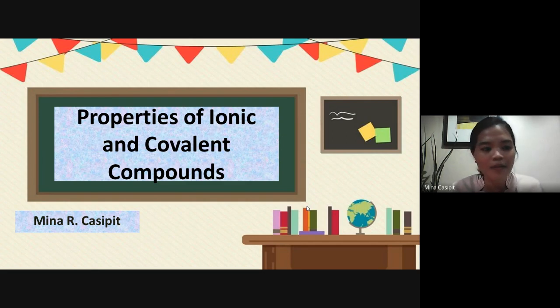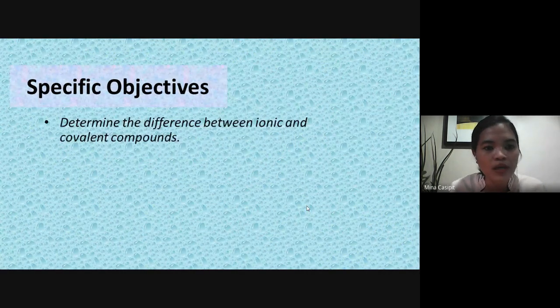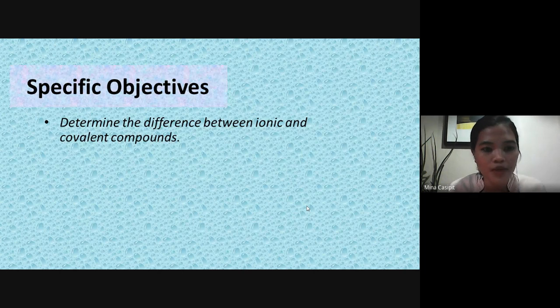Okay? So, tama po yung sinabi ni Harry na ionic is formed when there is a metal and non-metal element. And covalent naman po when two non-metal elements are combined or bond. So, specific objectives, ano yung dapat nating ma-attain at the end of this lesson? First, determine the difference between ionic and covalent compounds.